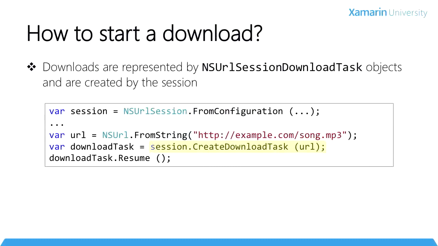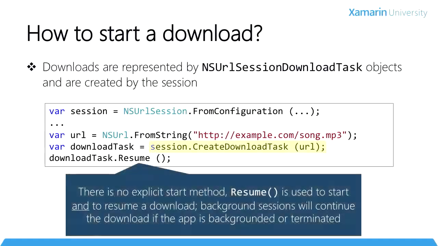We can create download tasks by the session, and we simply pass in the URL of the file to download as a parameter. To start the download, we will call the Resume method on that task. Note that there isn't an explicit start method. Resume is used to start and to resume the download.